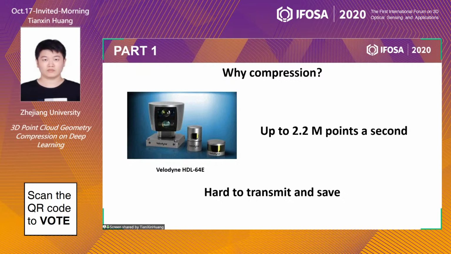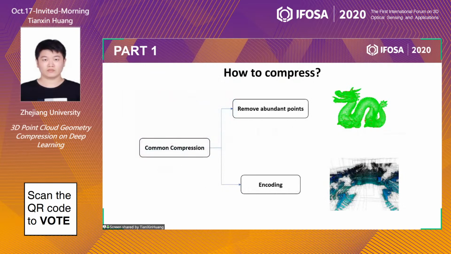So the next question is how to compress point clouds. There are two main ideas to compress raw point cloud data at this time. One assumes that there are lots of redundant points in raw models. It tries to remove redundant points from raw points, only keeping key points. There are multiple key point extraction algorithms such as ISS or SIFT, and they need to be chosen according to real conditions or downstream tasks.